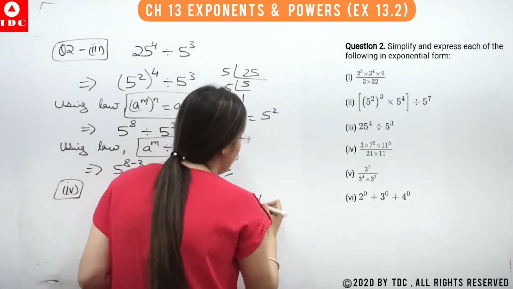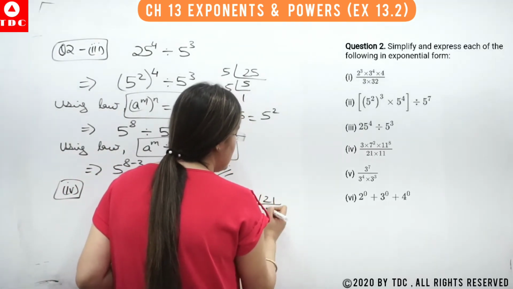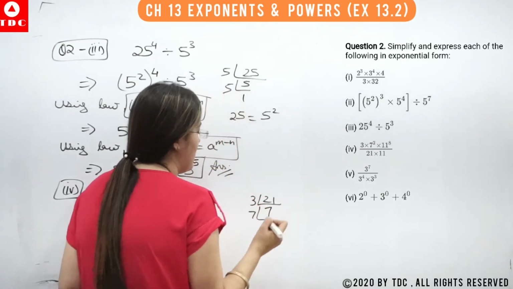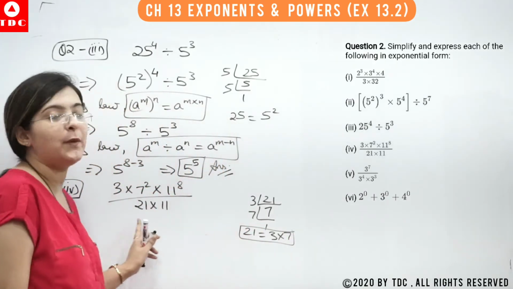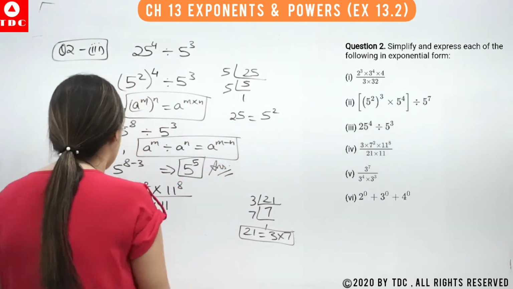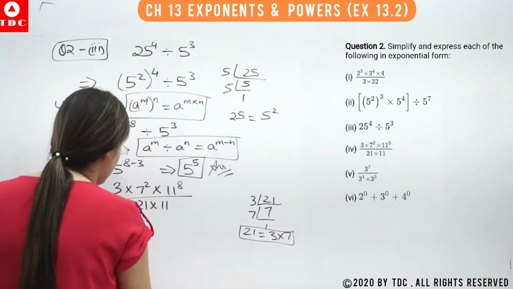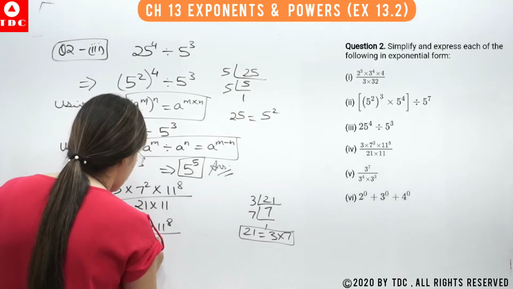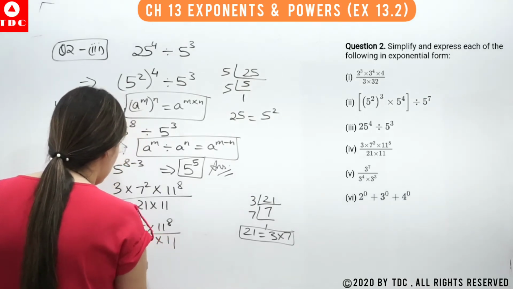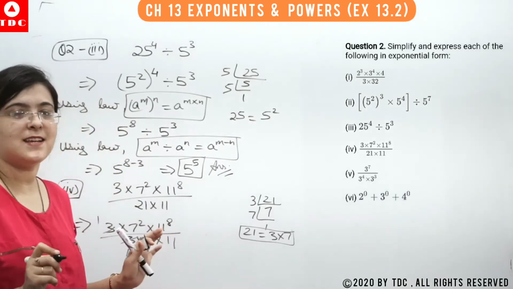So what will we do? Factorize it. 3 sevens are 21, so we can write 21 as 3 into 7. In place of 21, we will write 3 into 7. Now the 3s get cancelled.